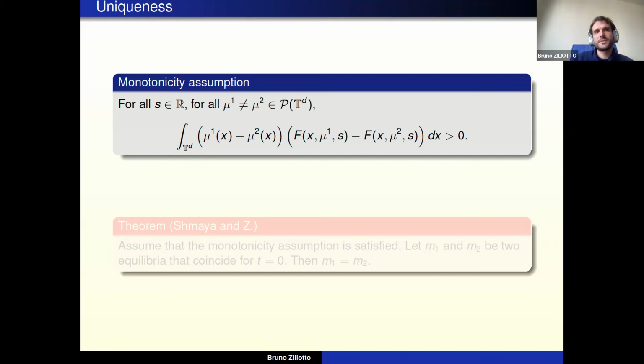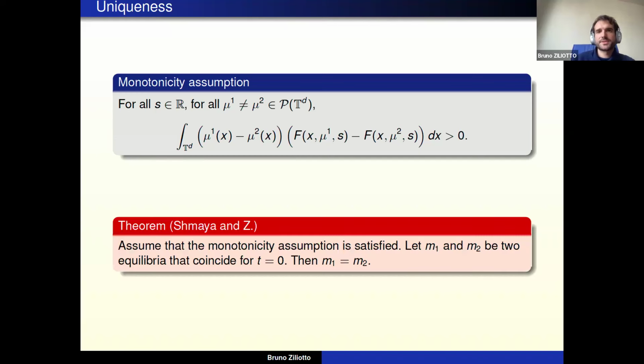Meaning that for any s, this integral of the product of mu1 minus mu2 and f of x, mu1 minus f of x, mu2 is positive. If you imagine there is no s, this is just the standard Lasry-Lions monotonicity assumption. And under this assumption, there is uniqueness.